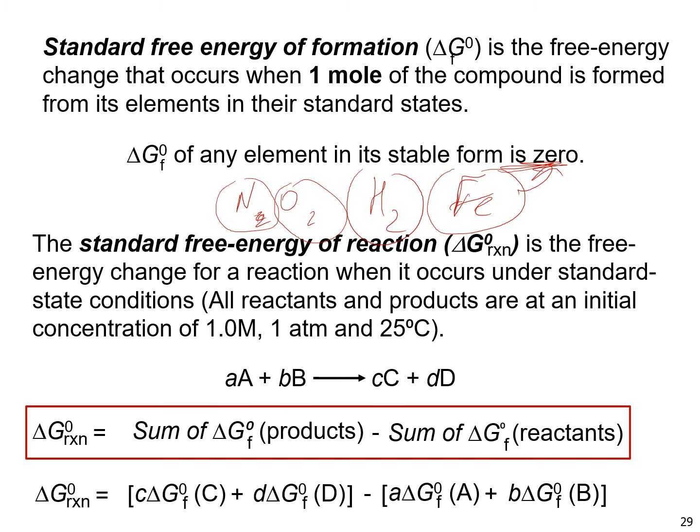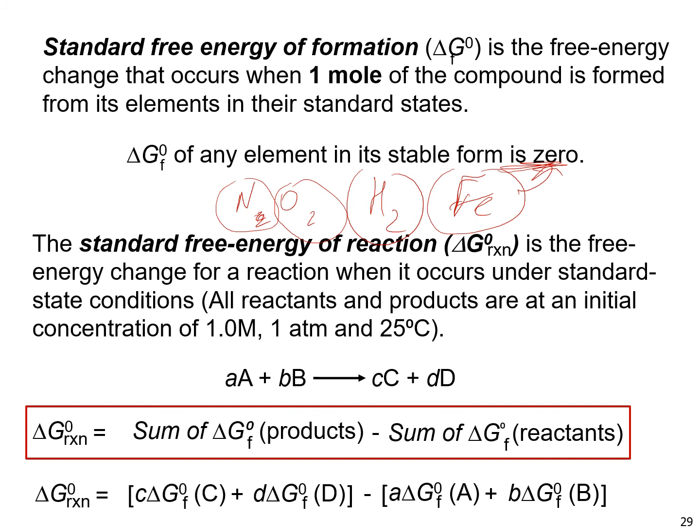Next thing is, what is delta G naught for a reaction? That is the standard free energy of a reaction. Again, it's the same concept. You are going to do the sum of the energy of the products minus the sum of the energy of the reactants. That is the free energy change for a reaction when it occurs under standard conditions, meaning at 1 atmosphere and 25 degrees Celsius. So if I have a reaction of aA plus bB gives cC plus dD, how would I figure out delta G naught for the reaction?